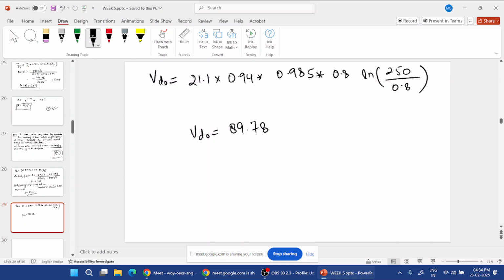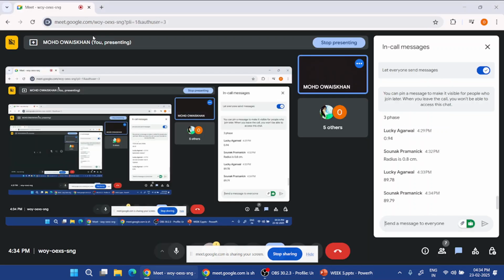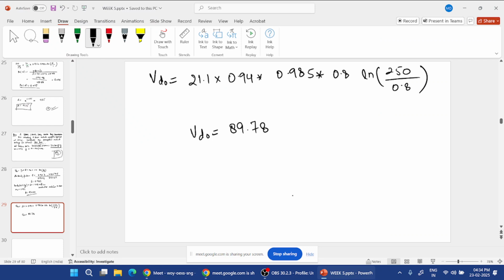Okay. Eighty-nine point, yes, yes. So the value comes out to be 89.78, somewhere 79. All are okay.